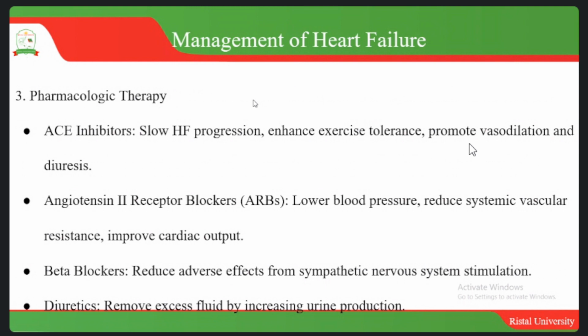Then the beta blockers reduce adverse effects from the sympathetic nervous system stimulation. What these beta blockers do is reduce the effects which would happen onto the sympathetic nervous system.